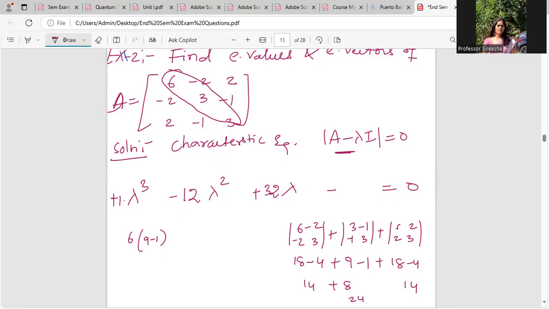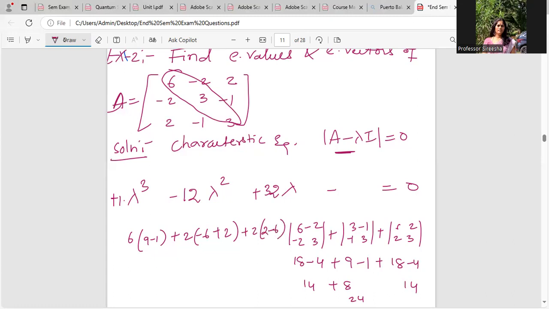Minus of minus is plus 2. I'm doing it with the first row. So it would be 2 threes minus 2 into 3 minus 6 plus 2. Plus 2 into 2 minus 6. That would be my det A.